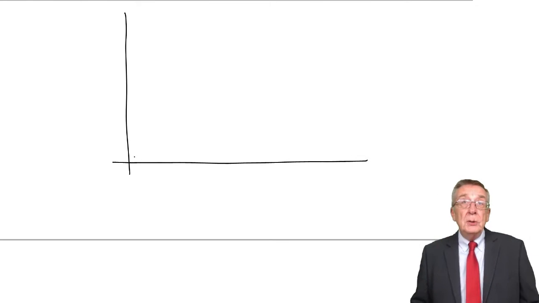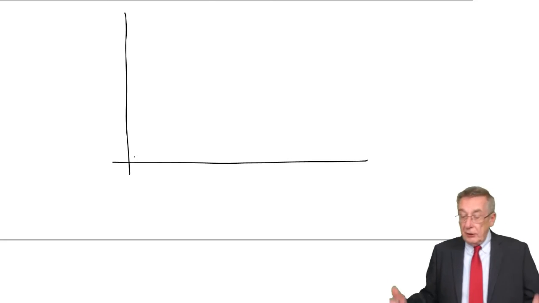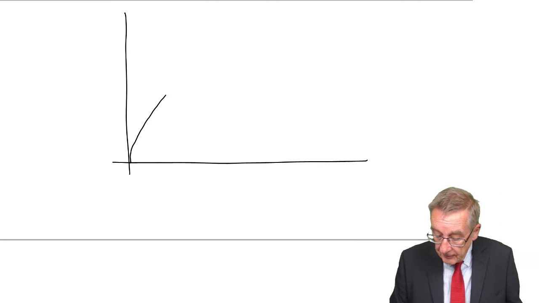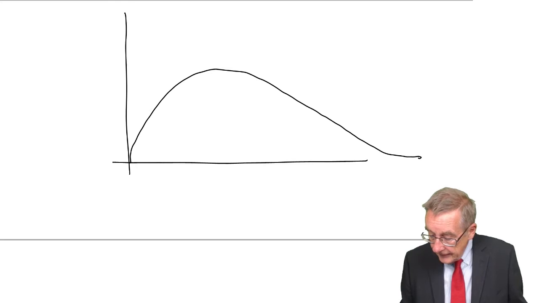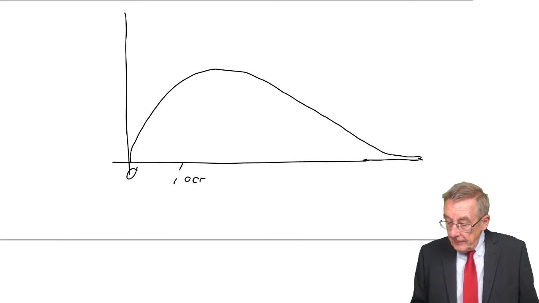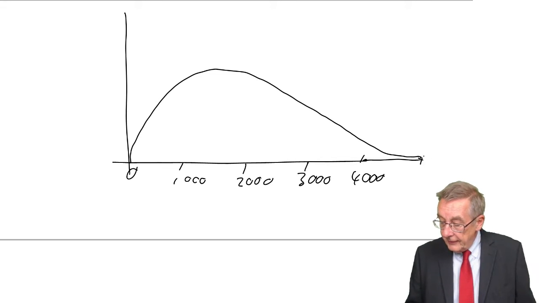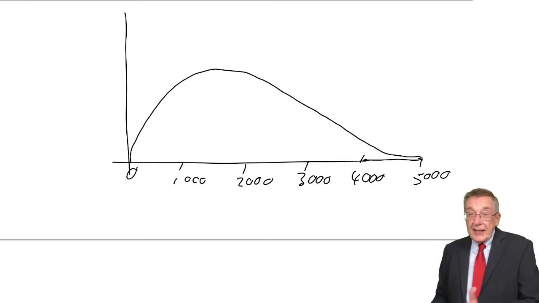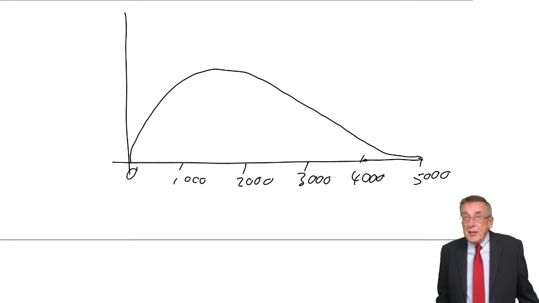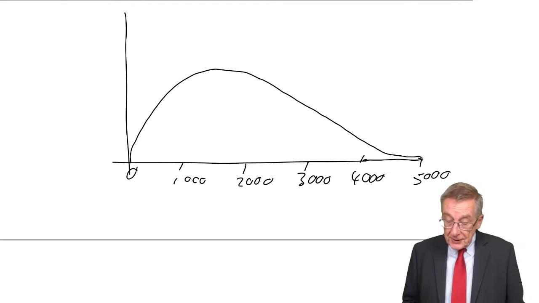And again, if I told you we've looked at the annual salaries and it forms this sort of pattern, 0, 1,000, 2,000, 3,000, 4,000, 5,000. So if I gave you that curve, all it is is a smoothed out histogram. And if I said to you, what proportion earn between 0 and 1,000?